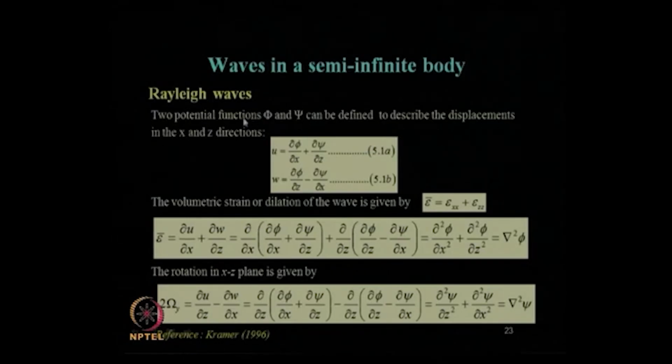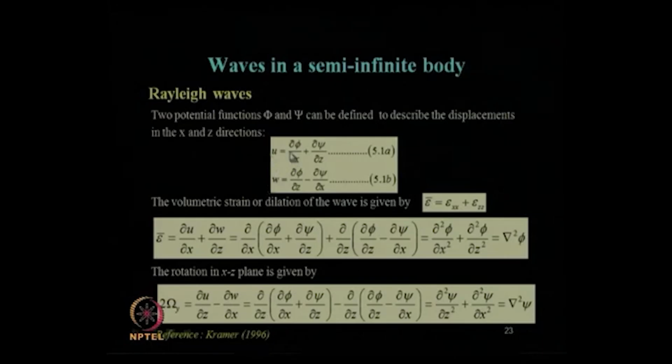Phi describes the displacement function in x direction, and psi expresses the displacement function in z direction. There is nothing in y direction, as we have mentioned, because it is propagating in the x direction. So, we have the corresponding displacements as u and w; v is not present here.